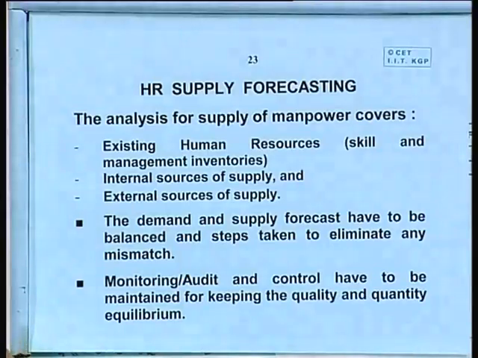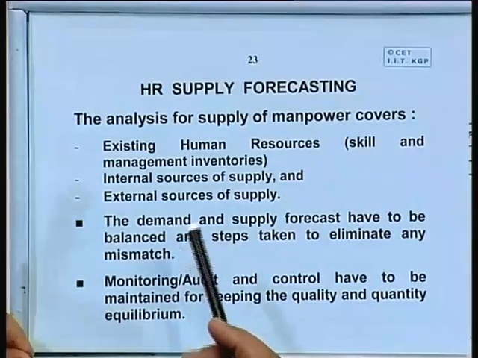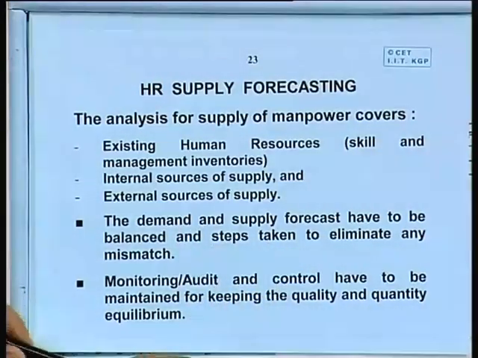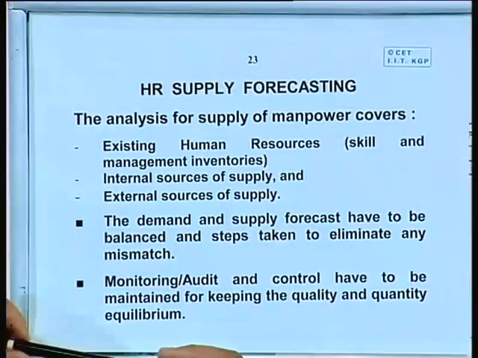Usually internal sources are by promotion essentially. You train people and then promote them. Normally you train them on the job, sometimes you give them outside training and after that you promote them. The demand and supply forecasts have to be balanced and steps taken to eliminate any mismatch.